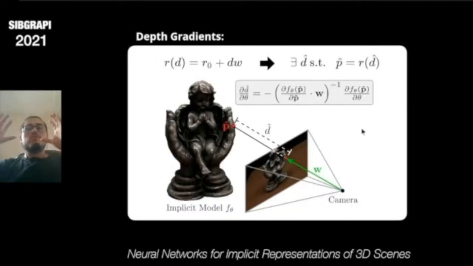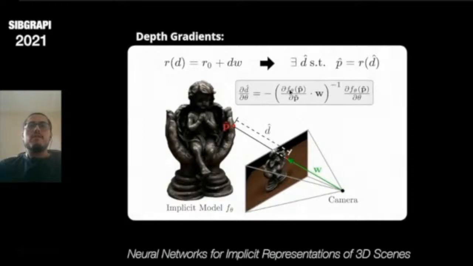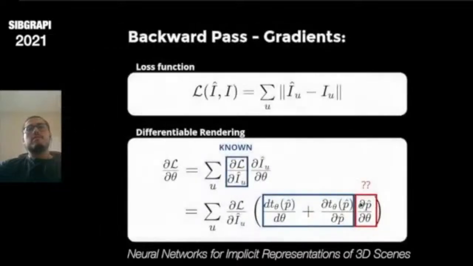Then you differentiate both sides. Differentiating both sides, you have the term for f theta of p hat, and then what remains is something that depends on d.